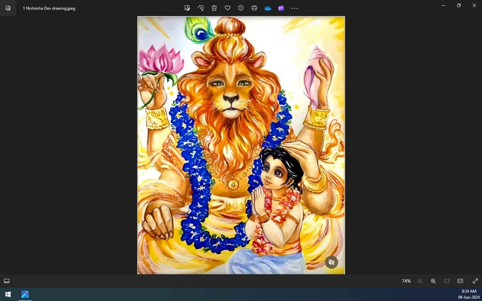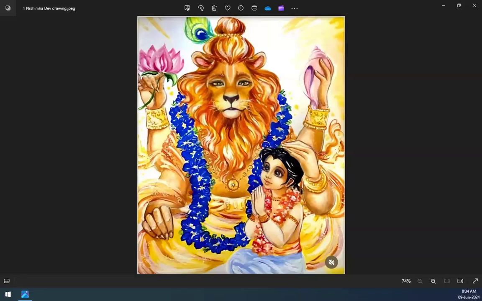Text 7. On being asked to speak by the great sages of Naimisharanya, the son of Romaharshana, Suta Goswami, whose mind was absorbed in the transcendental pastimes of the Lord, said, please hear what I shall now speak. Text 8.